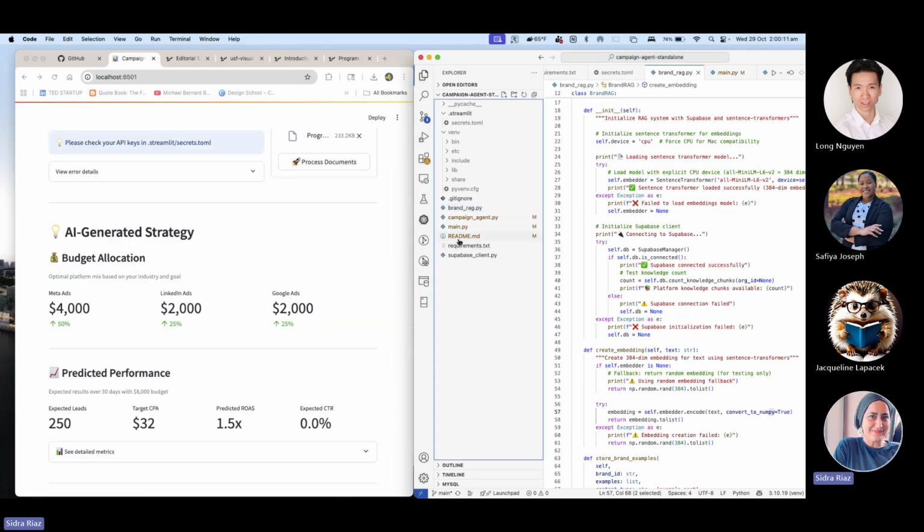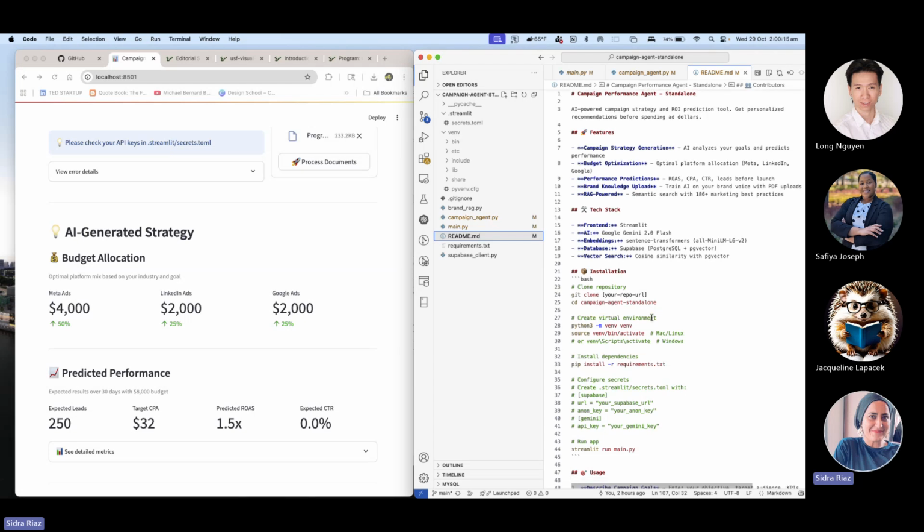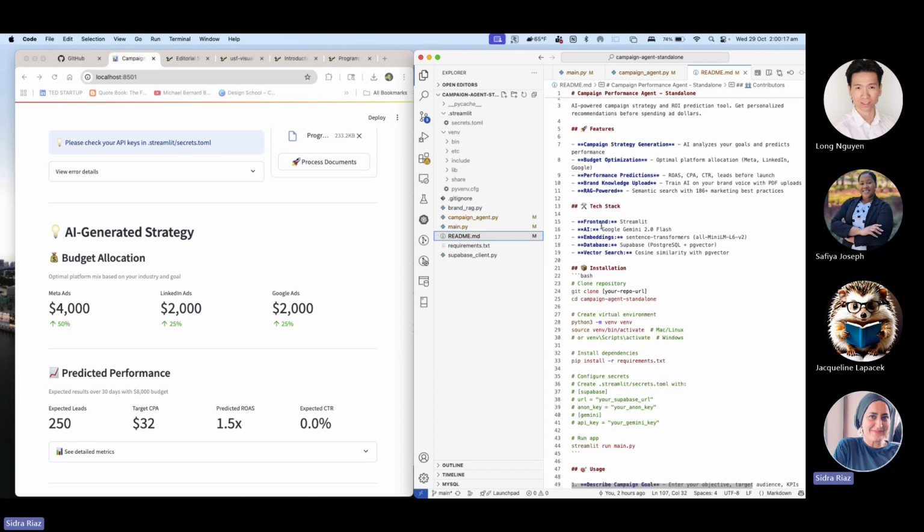Some of the things we can also look at is our tech stack. We're using Streamlit for the front end, Google Gemini 2.0 Flash for our AI agent, and sentence transformers for embedding.